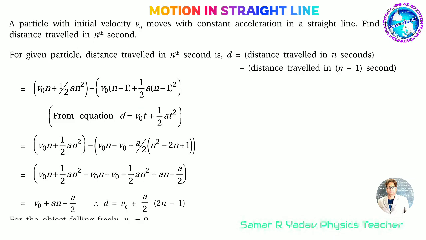A particle with initial velocity v0 moves with constant acceleration in a straight line. Find the distance traveled in the nth second.